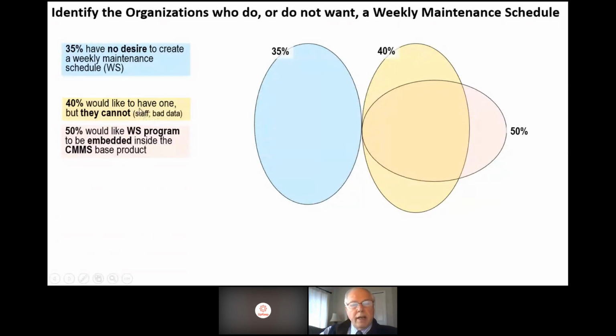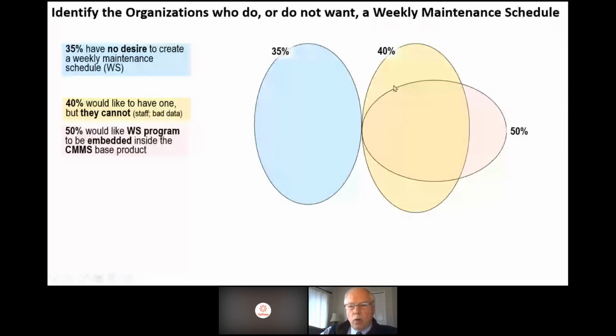Or they just can't handle the amount of work coming in each day, so the backlog grows. Or the data inside the CMMS, the backlog, the open work list, is not very well documented, prioritized, or estimated, and it falls into what we call bad data. And when you have bad data, you cannot implement any type of automated solution. That's the 40%.